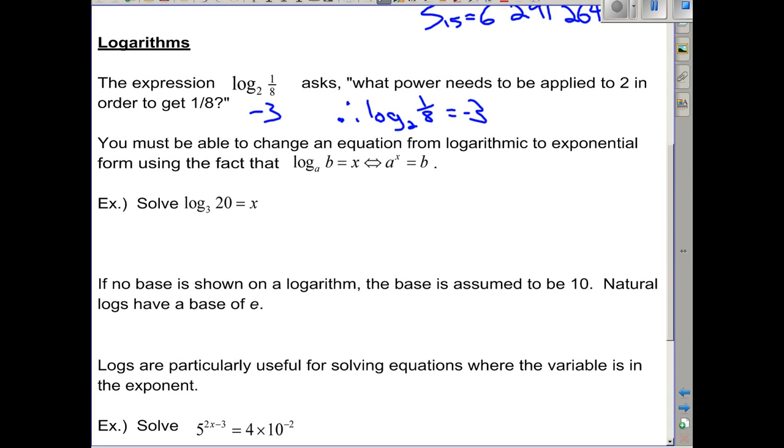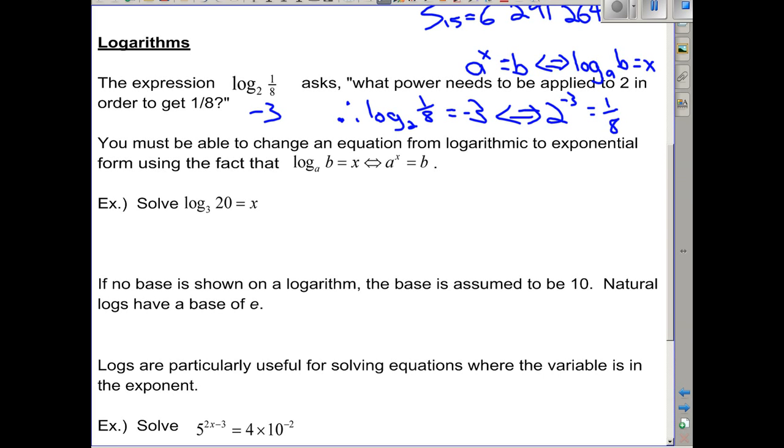It could also be written in exponential form. And in your formula booklet, you're given how to convert between the two, in case you forget. Okay, I think this is the way it's written. A to the x equals b can also be written as log base a of b equals x. That's from your formula booklet.